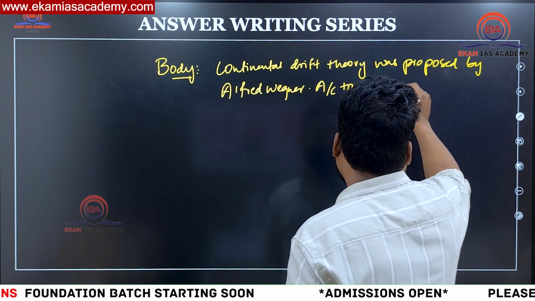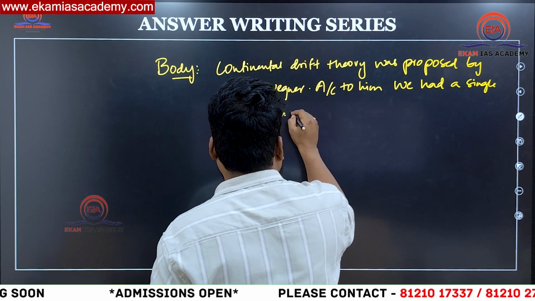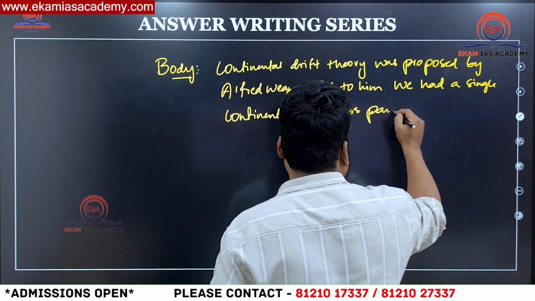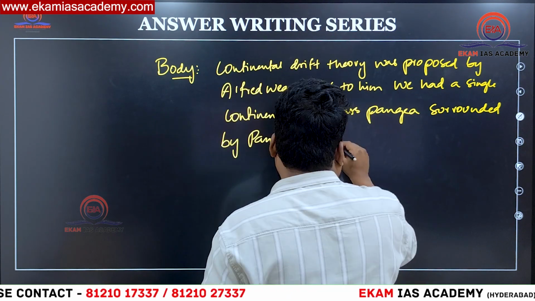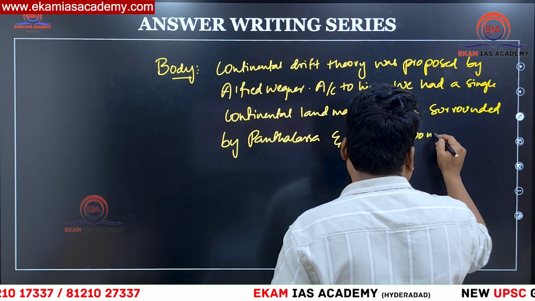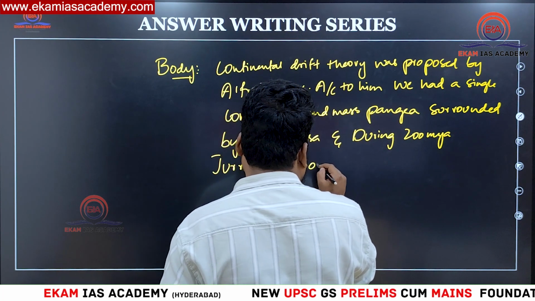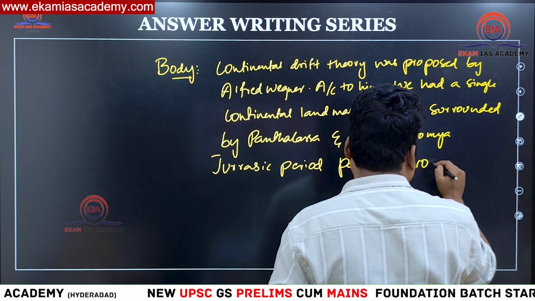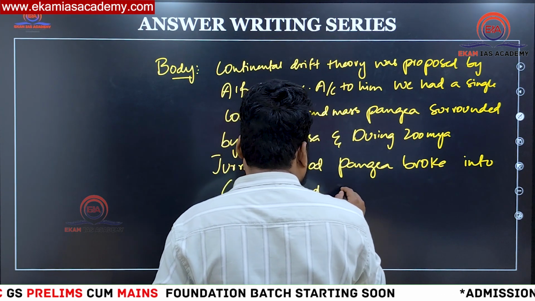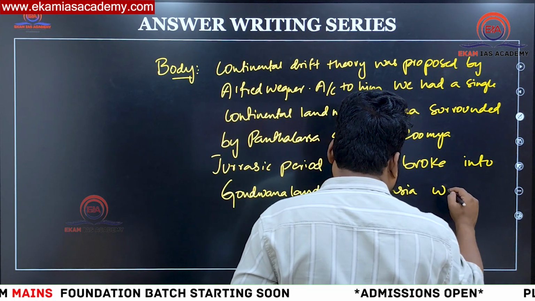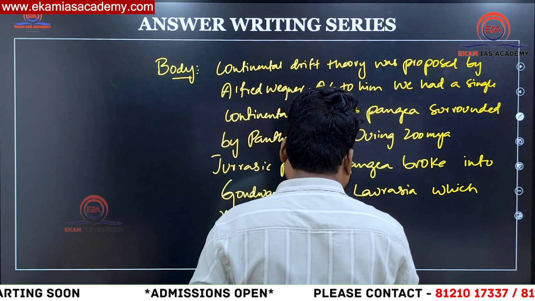According to him, we had a single continental landmass, Pangaea, surrounded by Panthalassa, and 200 million years ago, in the Jurassic period, Pangaea broke into Gondwanaland and Laurasia, which resulted in the formation of Tethys.